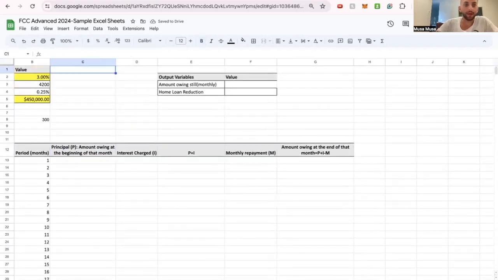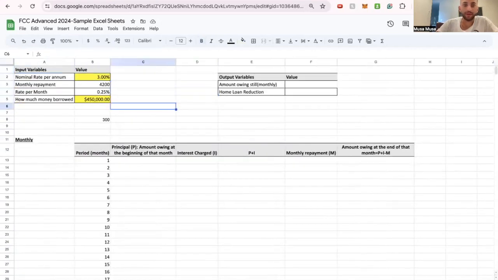Now, let's deal with what's happening. Basically, the way I set this table up, and this is the way that you should set your table up, is it follows the process in which a loan is paid off. First, we have the period, which is what's happening in the first month. P refers to the principal. It's the amount owing at the beginning of that month.